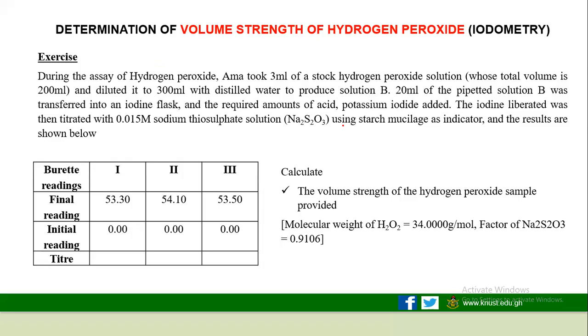Now, calculations for us. So the exercise: during the assay of hydrogen peroxide, Amma took 3 ml of a stock hydrogen peroxide solution and diluted it to 300 ml with water to produce solution B. 20 ml of the pipetted solution B was transferred into an iodine flask, and the required amount of acid and potassium iodide were added.